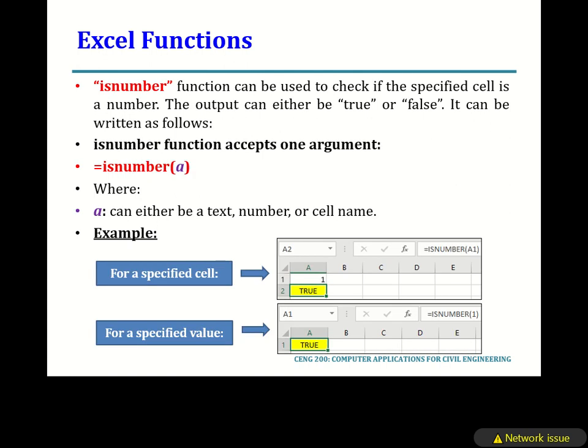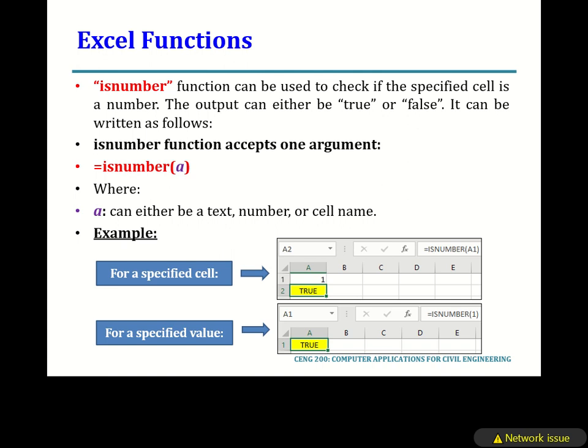Okay. Is number is a condition. So it will check whether the cell has a number or something else. Is number only has two answers, true and false. Okay, when will it be true? When the cell has a number.